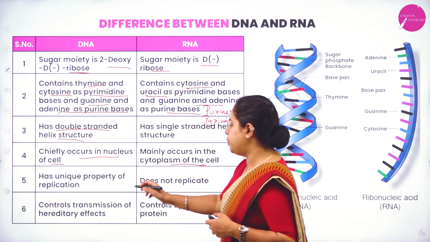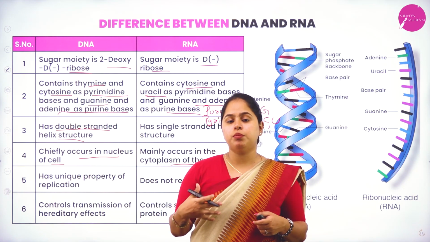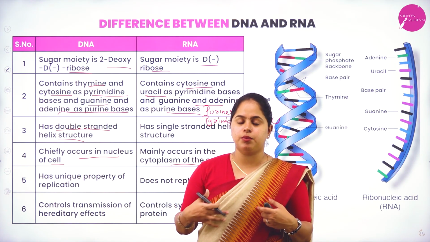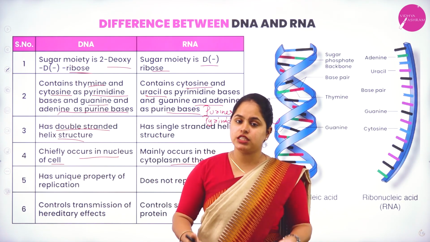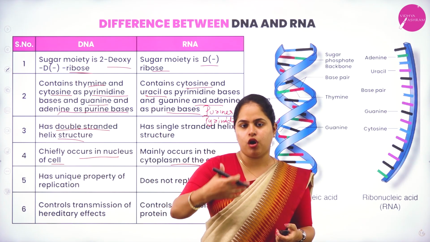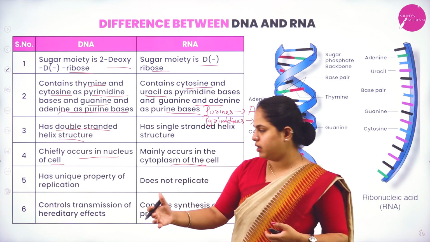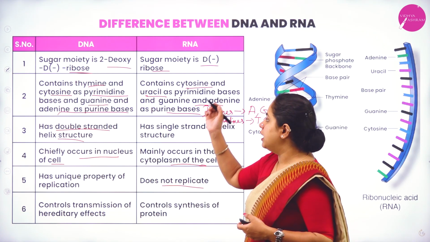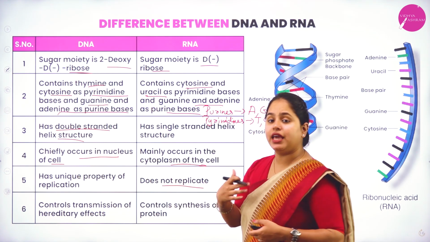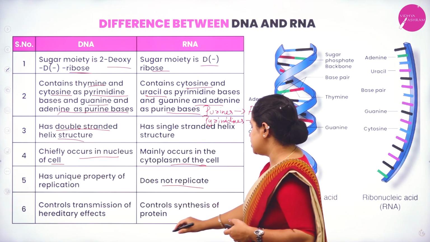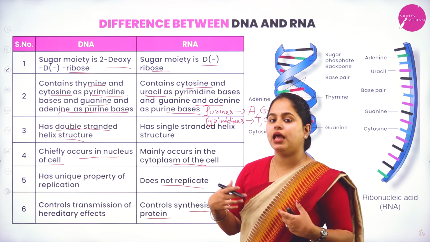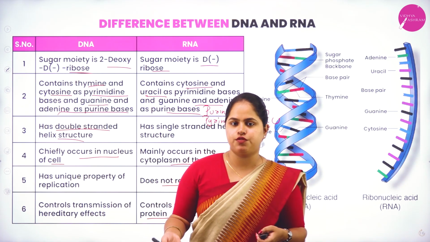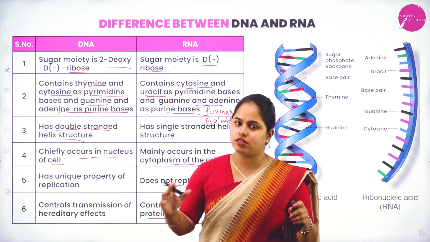DNA has the unique property of replication, that is why it is able to transfer its genetic characters to the offspring. So, it will replicate, right? And RNA does not replicate, and DNA controls transmission of hereditary effects and it controls the synthesis of proteins. So, RNA will help in synthesis of protein and the transfer of the proteins, whereas DNA deals with the genetic things, right?